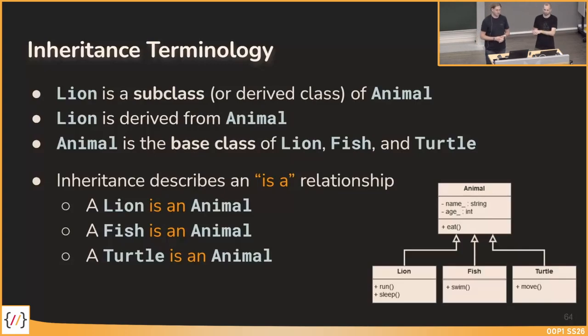It's just a part of the car. So here inheritance would not work. But also, if we have it the other way around, not every animal is a lion, or not every animal is a fish or a turtle. So it only works one way. Every lion, every fish, every turtle is an animal.